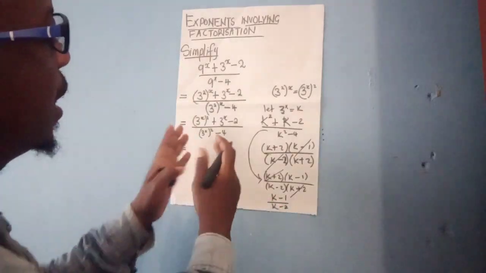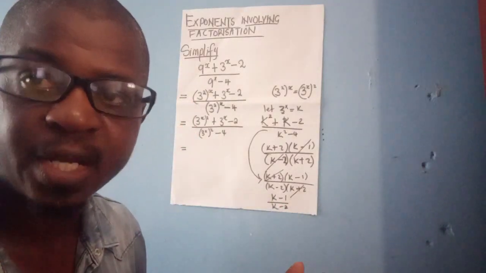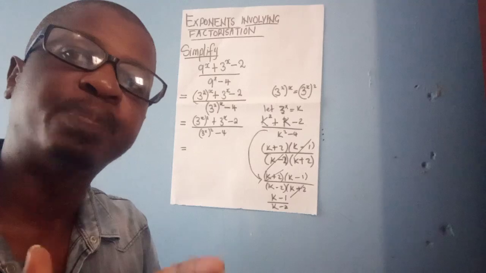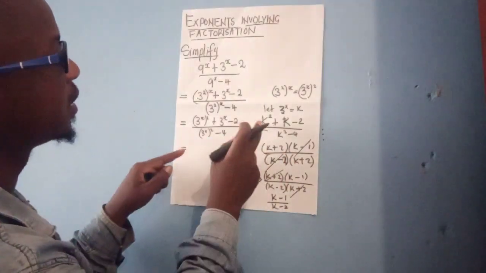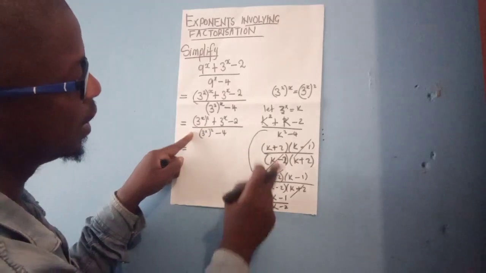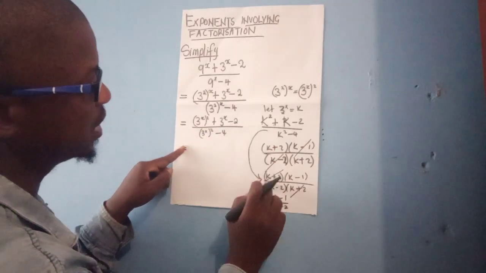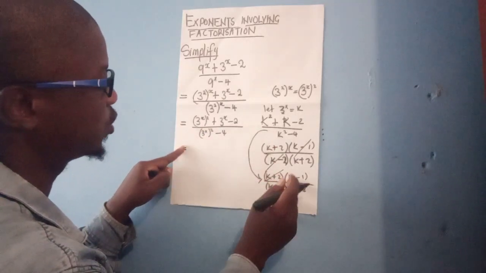If we come here and apply the same idea, substituting with the k again, we come to this stage where we have k plus 2, k minus 1.